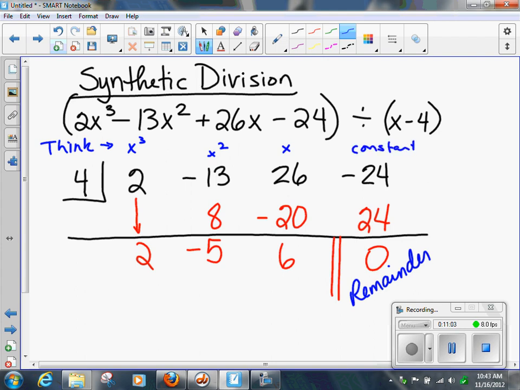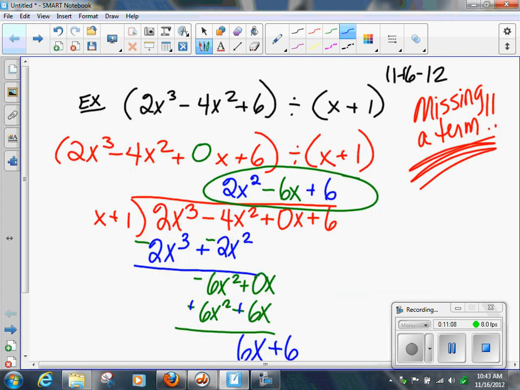Remember in the long division that we always put our first part of the quotient above the next term, right? This started with an x cubed, but we put our answer over the next term, which was x squared.